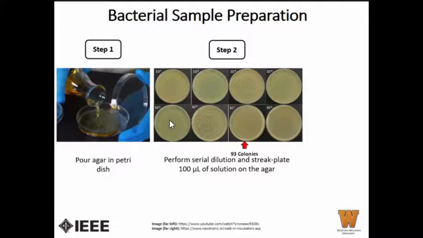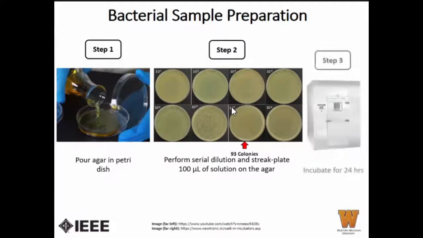Then we go through serial dilution and streak plate to form different concentrations of the colonies. Here, for example, is 10 to the power minus 1 all the way to 10 to the power minus 8. Here is 10 to the power minus 4.